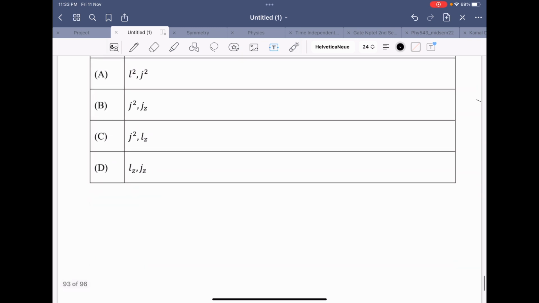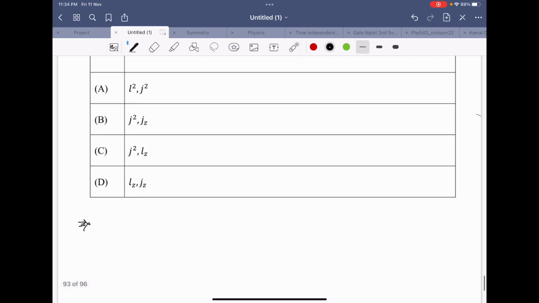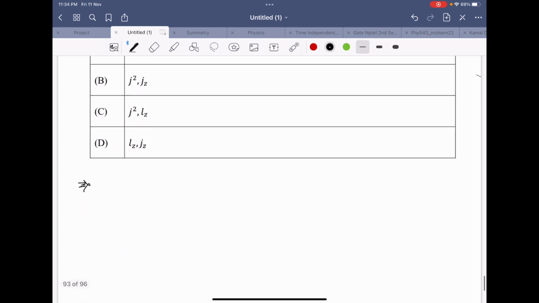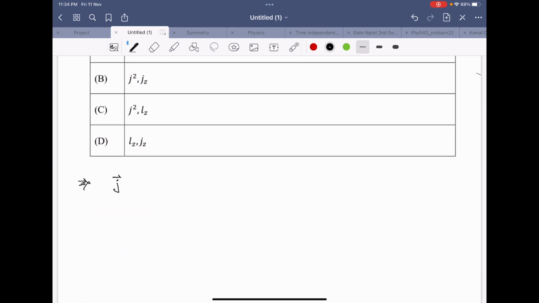So L here represents orbital angular momentum and J is the total angular momentum. So definitely J would be L plus S, where S is the spin angular momentum.